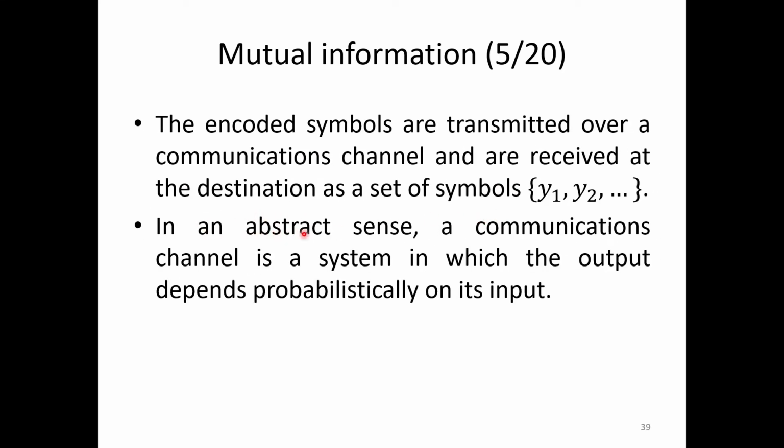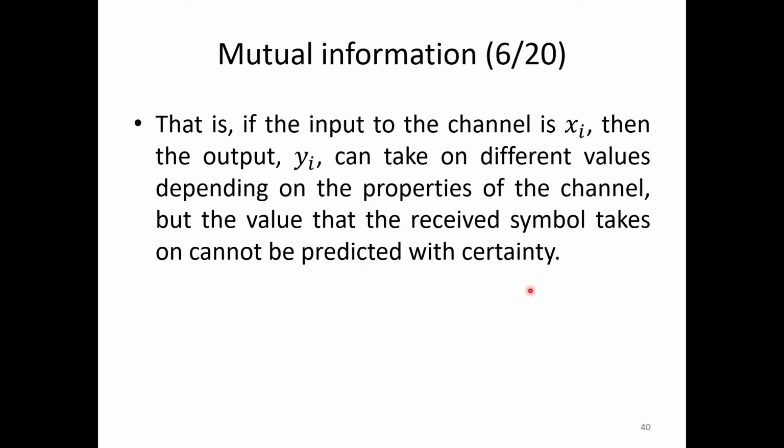In an abstract sense, a communications channel is a system in which the output depends probabilistically on its input. That is, if the input to the channel is small xi, then the output yi can take on different values depending on the properties of the channel.